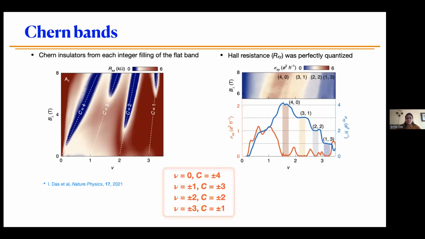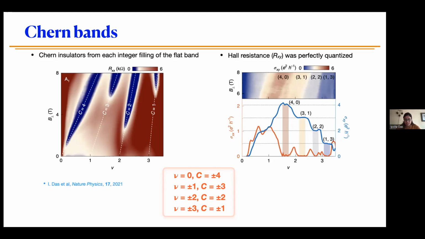So this gives me a very special sequence of Chern numbers inside the flat band, which is, from the charge neutrality point, I have Chern number ±4. From filling factor 1, I have Chern number ±3. From filling factor 2, I have +2, and filling factor 3 gives me +1.